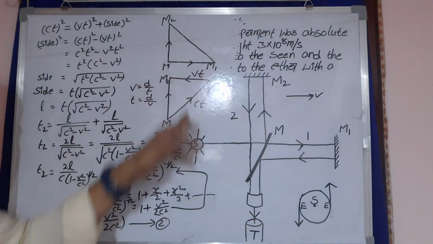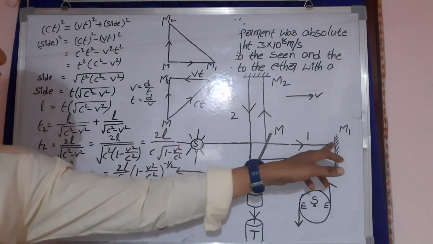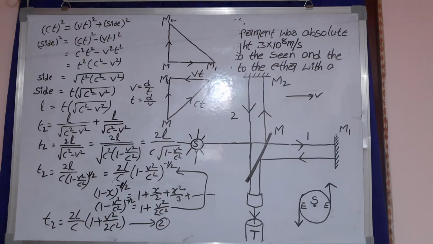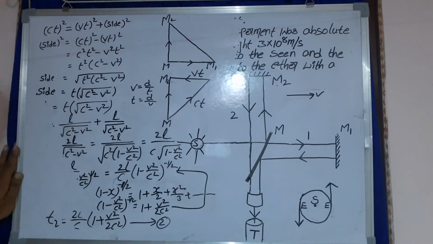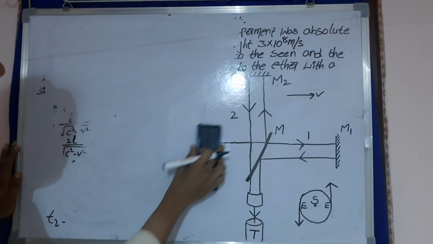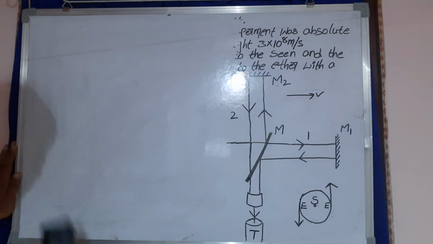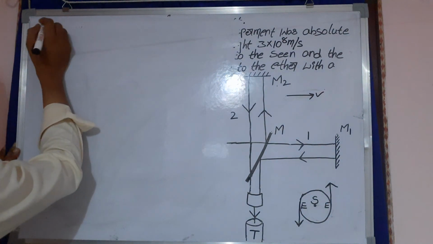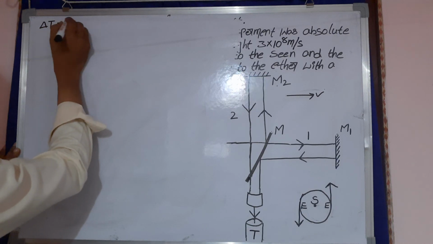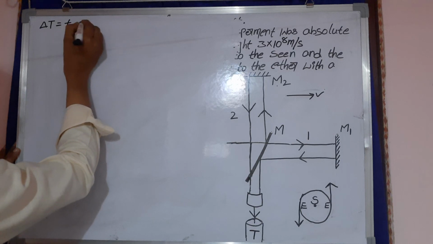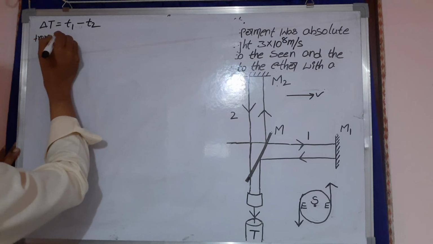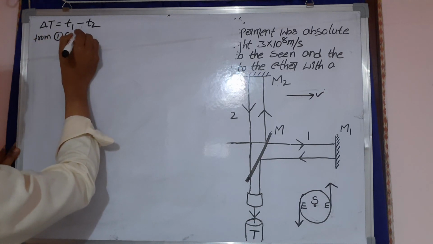So first one is T1, the value in mirror M1, and this is T2, the value in mirror M2 distance. So the time taken difference delta T equal T1 minus T2, from equations 1 and 2.